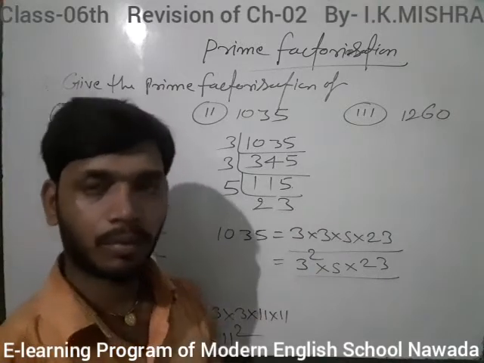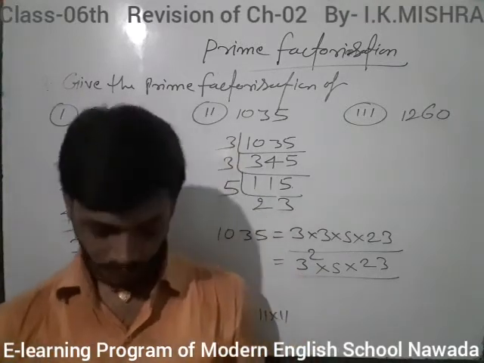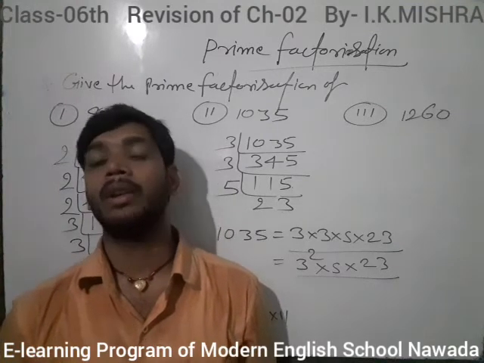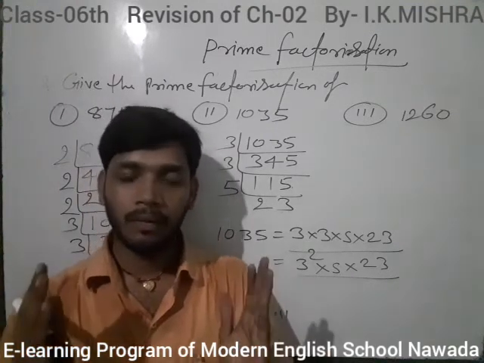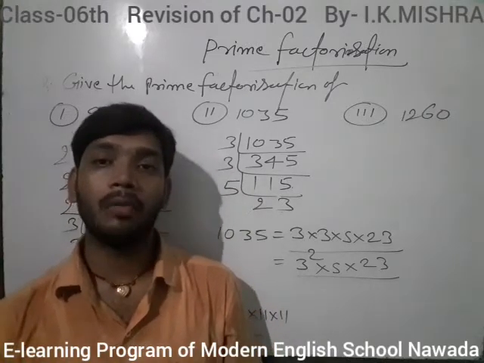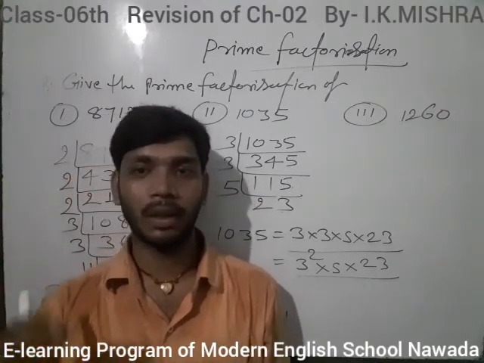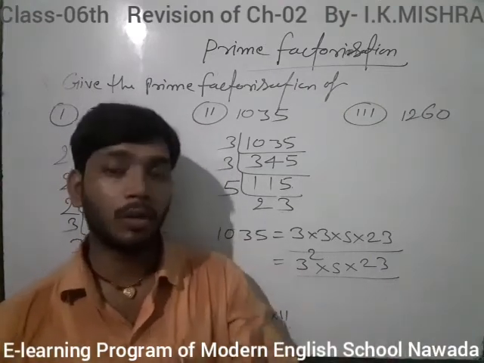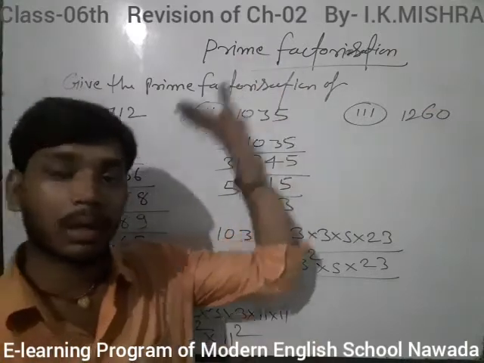Now proceed: after knowing the prime factorization of a number, you have to know the HCF and LCM. First of all, know how you will find the HCF of numbers by the prime factorization method. HCF means highest common factor.